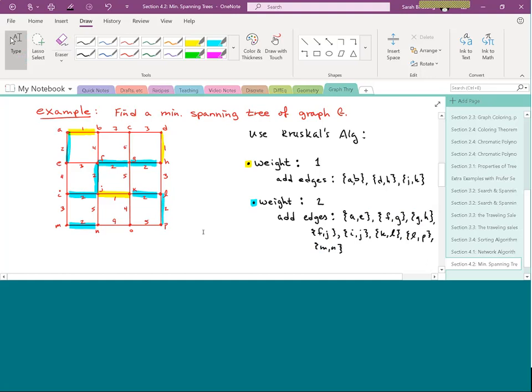So there were a lot of weight 2 edges. Now, notice when we put these in here, while we ended up highlighting all of the weight 2 edges that we wanted to throw into our spanning tree, we actually, as we were going along, needed to be checking to make sure we didn't close off any circuits as we added a weight 2 edge. So in this particular case, did we actually close off any circuits with those weight 2 edges?